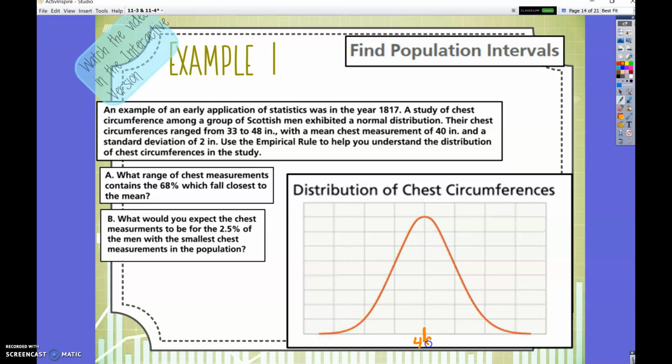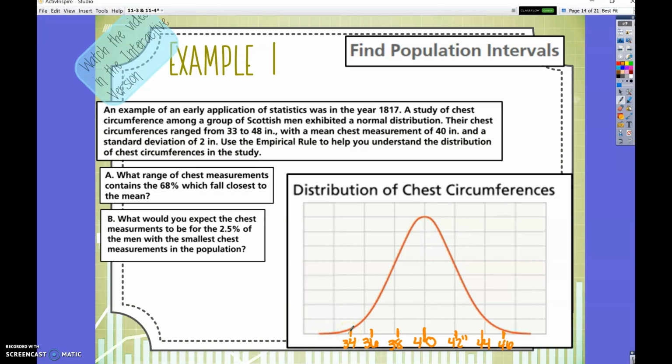We would put our mean right in the middle, 40 inches, and the standard deviation is 2 inches. So my first standard deviation out is 42 inches, and back one is 38. Two standard deviations out is 44, and back 2 more inches is 36. And then the third standard deviation is 46 and 34.